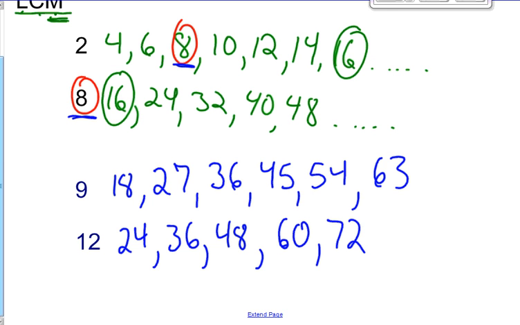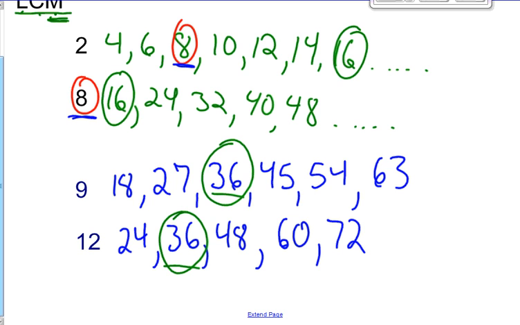After we've made our initial list, we can ask, do we have common multiples that are popping out at us? You would say, okay, 36 is our first common multiple, and so 36 in the end would be our least common multiple. If we were to continue on, we'd find that there are more than just this first one that we've seen so far.